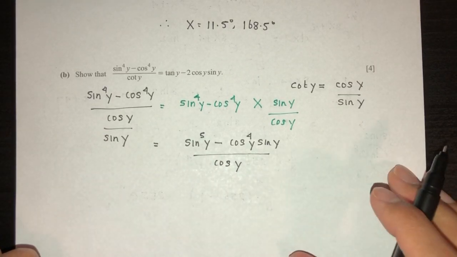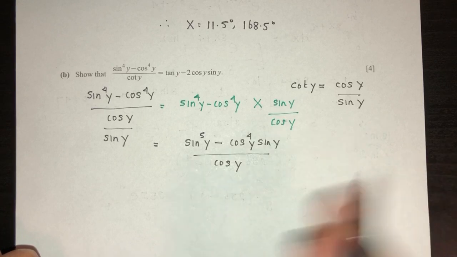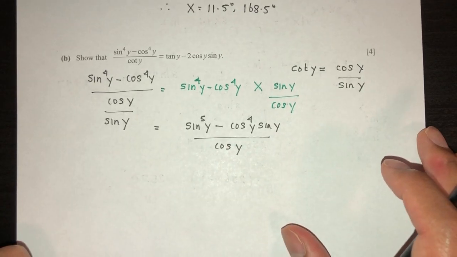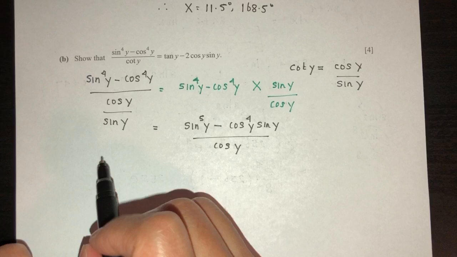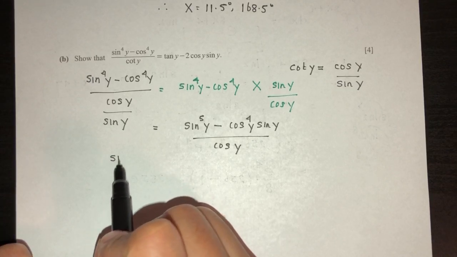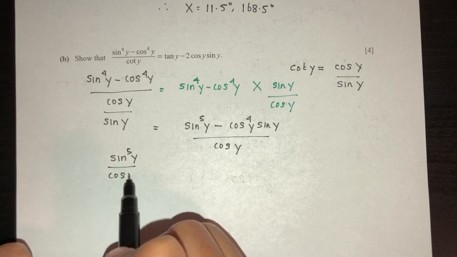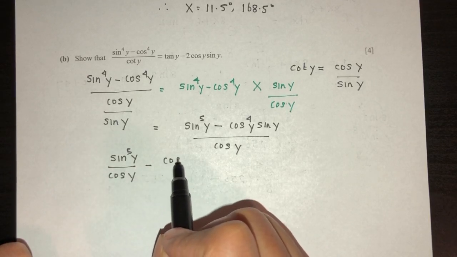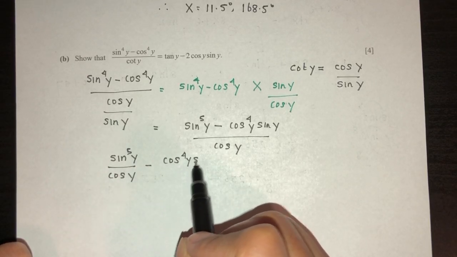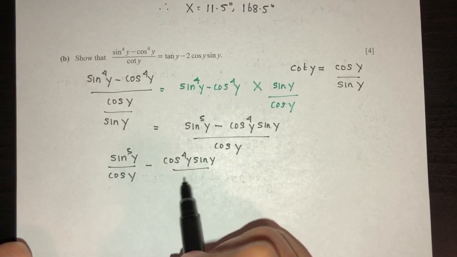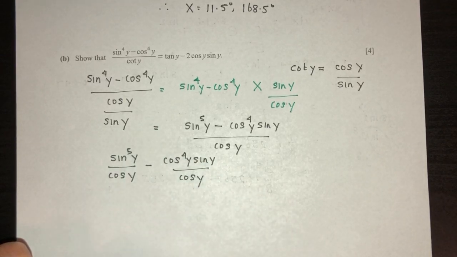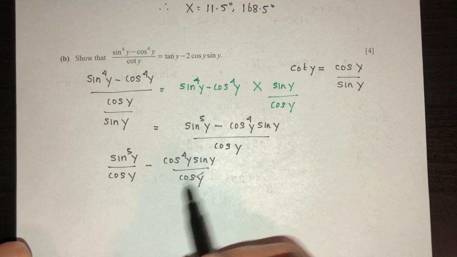Now the next step is we can break this down into two parts. One part can be sine 5y over cos y minus cos power 4y sin y over cos y. Now this can cancel out. This goes away.